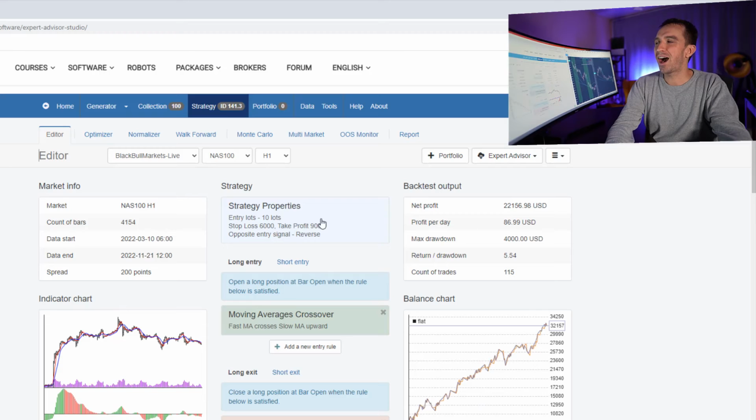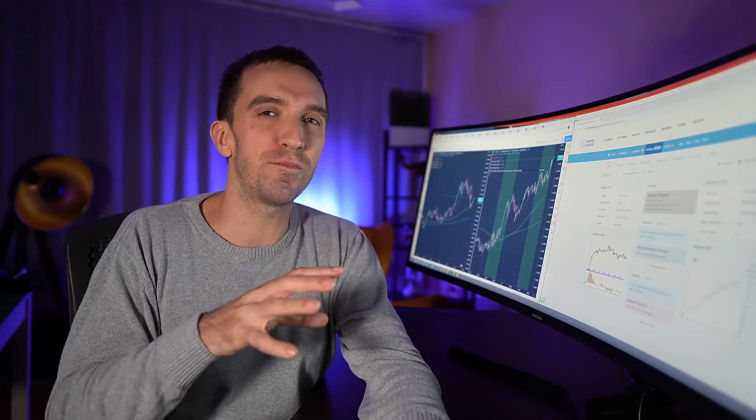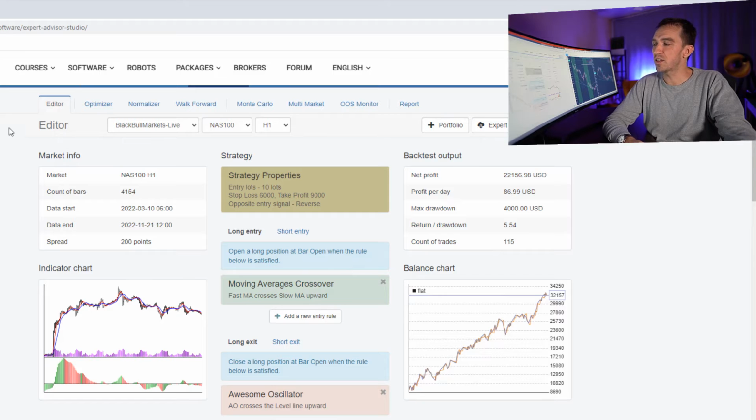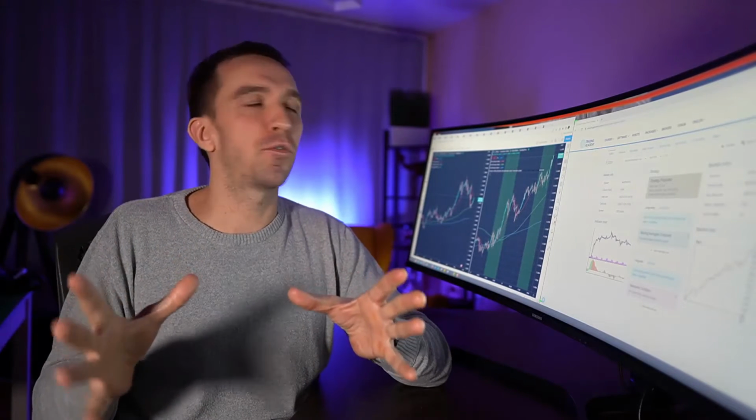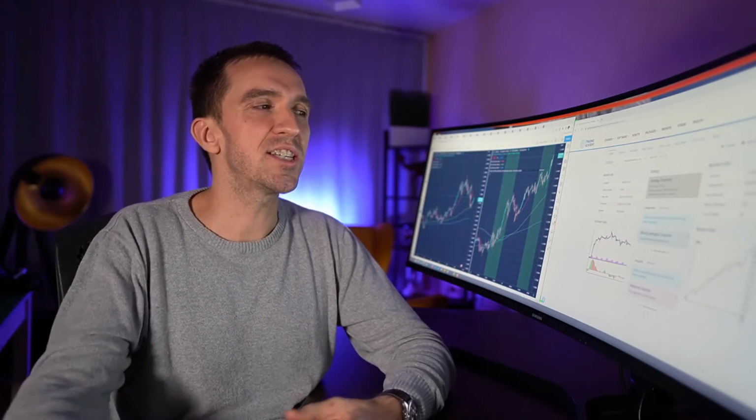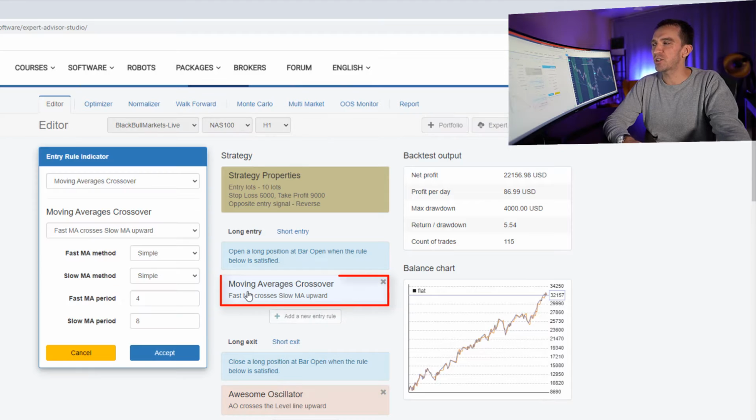And now let me show you how this very same strategy would look on TradingView. Now this strategy that you see on AI Studio, you can implement on any trading platform, TradingView, or any web-based platform you are using. Just insert the moving averages, which are 2 simple moving averages, fast with period 4, slow with period 8.